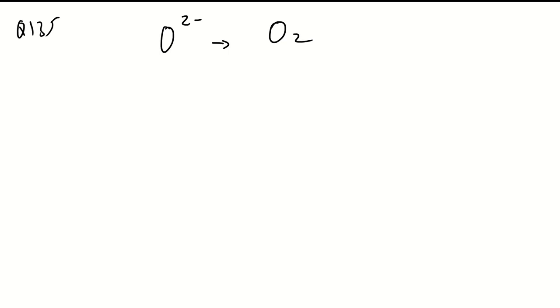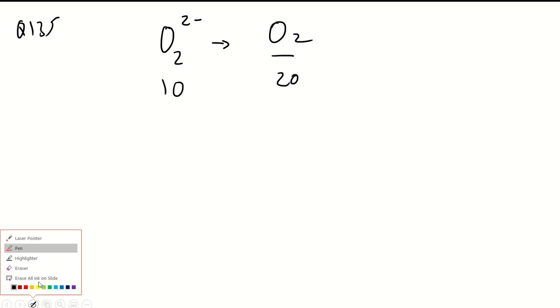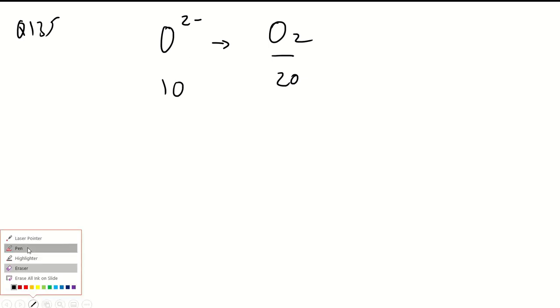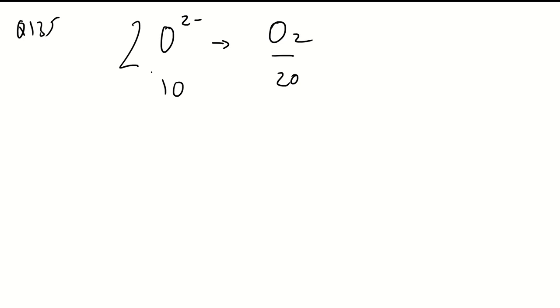Right? So the first thing that we always do in any equation is we balance the atoms, and if you look on the right, I have 2 oxygens, and on the left I only have 1 oxide ion. I can't put a 2 there, that's not the formula of an oxide ion. Oxide ions like chloride ions, bromide ions, etc. exist individually on their own, so the 2 has to go there.